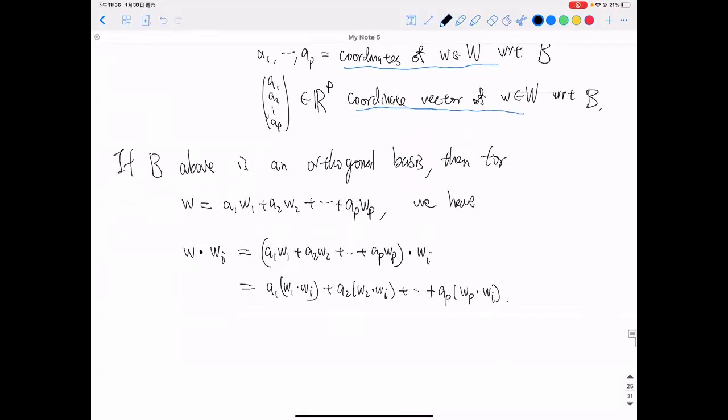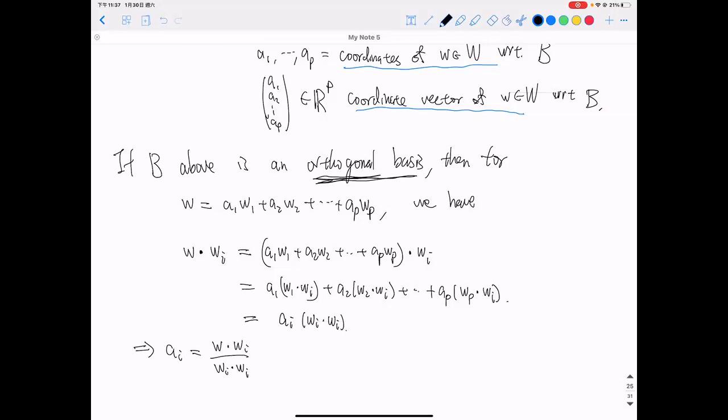And because the little w's form an orthogonal set, this W1 dot Wi, W2 dot Wi, and so on are all zero except for Wi dot with itself. So the only term that's left on the right hand side is this Ai times Wi dot with Wi, which tells you that Ai is W dot Wi divided by Wi dot with Wi.